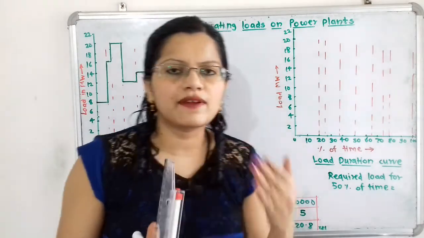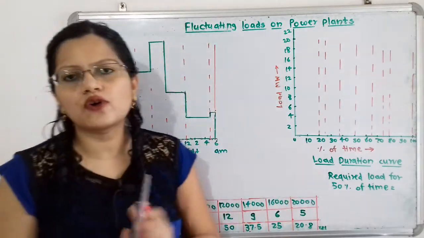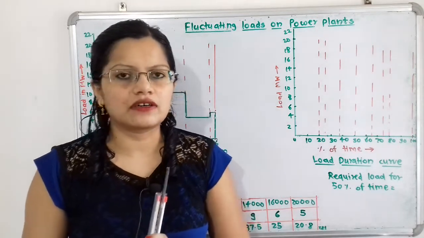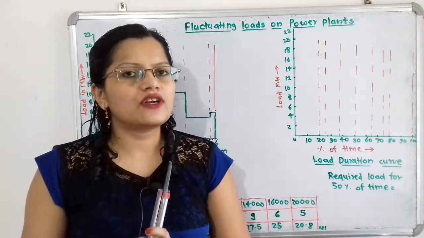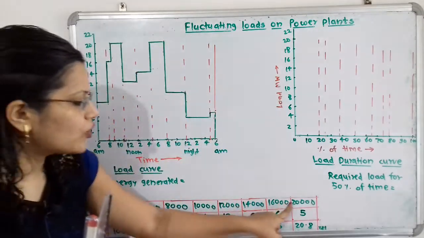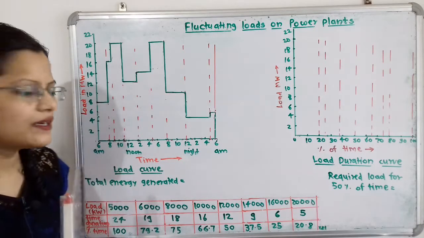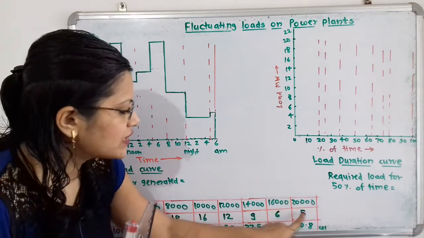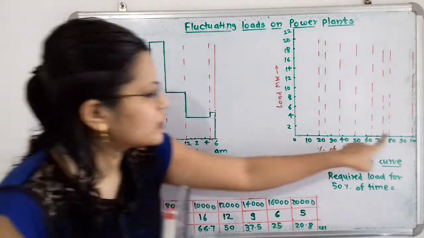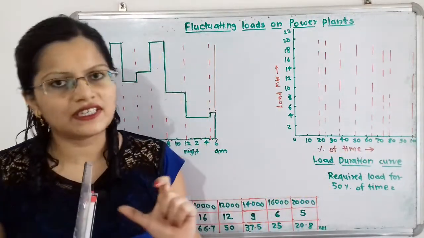So it will make it easy for us to draw the load duration curve. Now how to draw this load duration curve? We have to take the load in descending order. That is, the maximum load is 20 megawatt. Then the time duration for this load is 5 hours, but on the horizontal line we have taken the percentage of time.